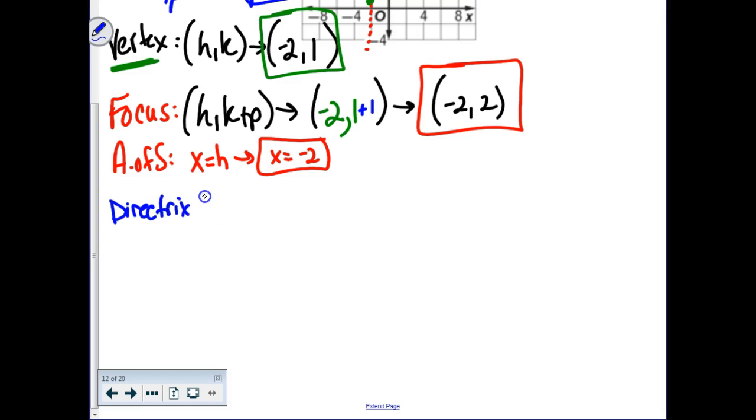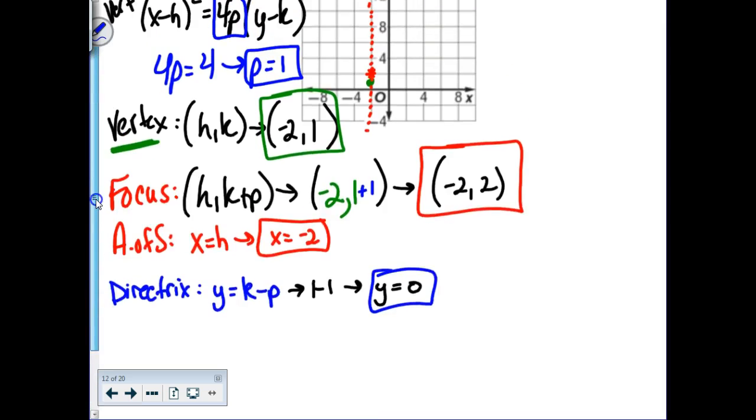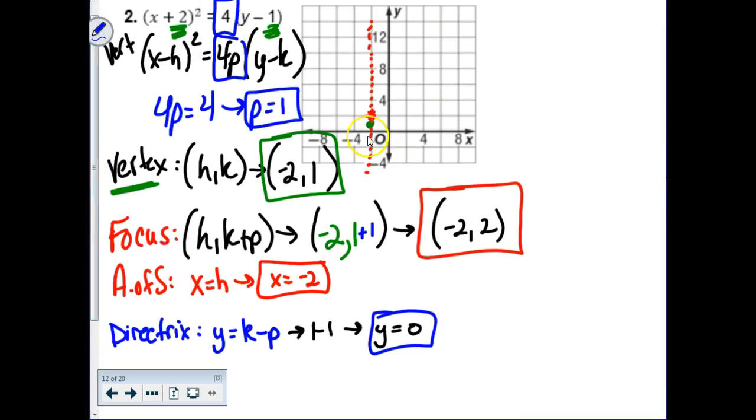If it's equidistant, it's going to be at 0. So the formula for directrix is, for this guy, y equals k minus p. So for us, that would be 1 minus 1, which, yes, it is 0. So, back to my graph. Oh, yeah, that's ugly.